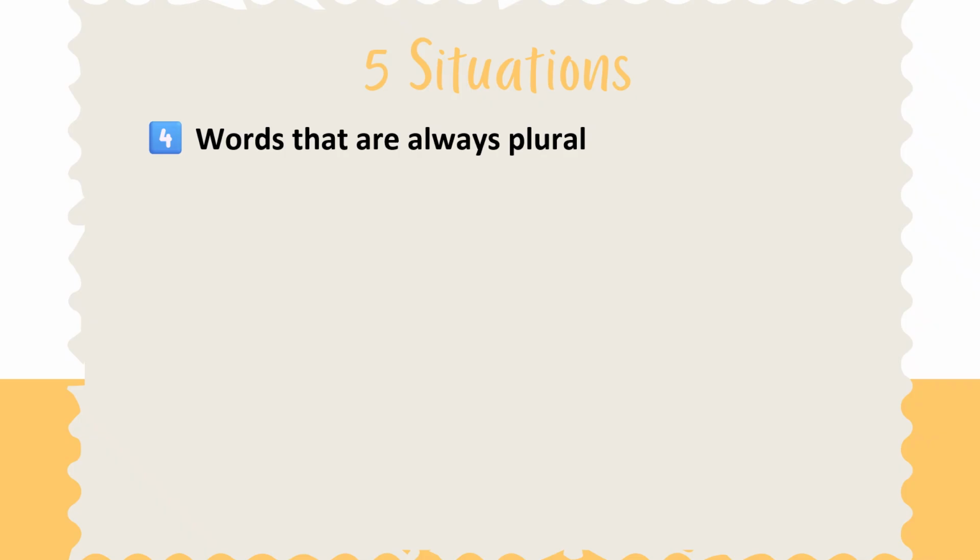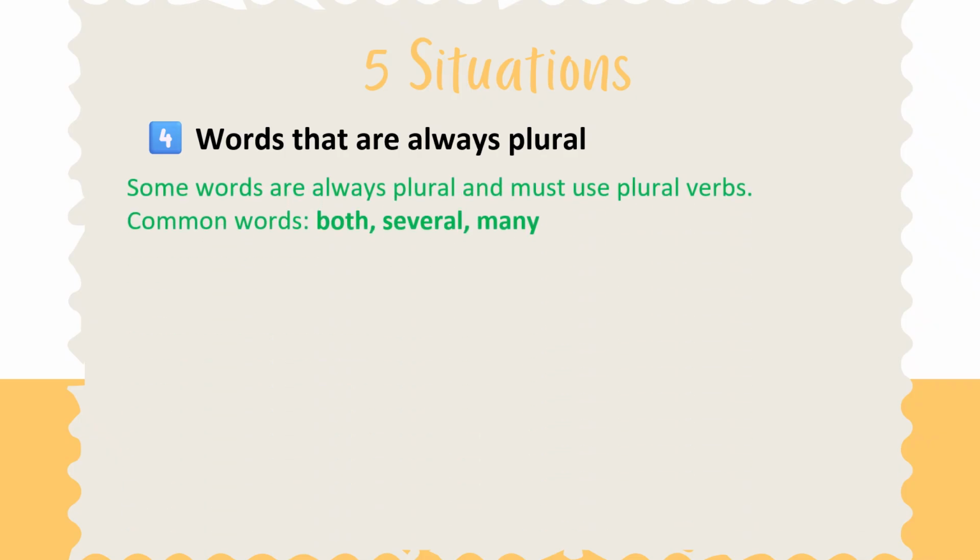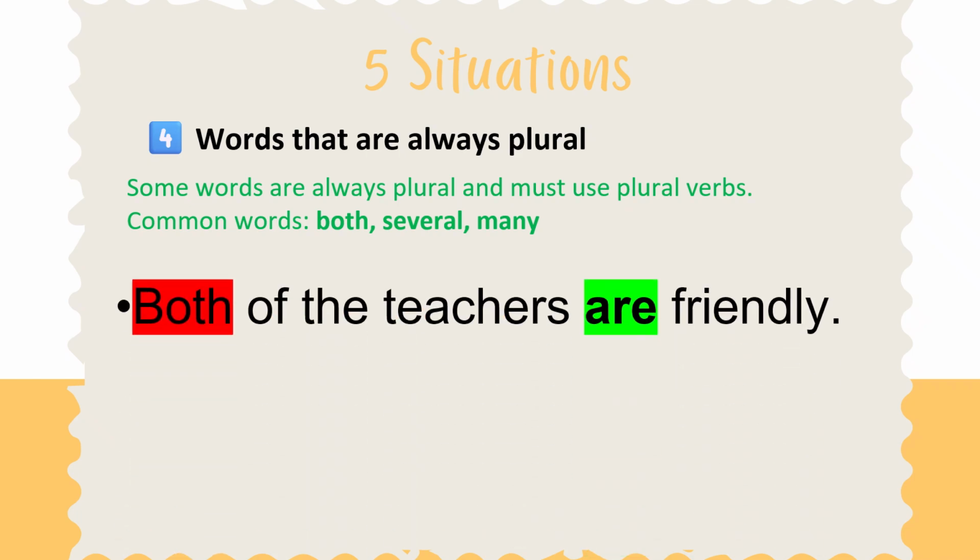The fourth situation is about words that are always plural. Some words are always plural and must use plural verbs, which means the plural form of the verbs. Those words are both, several, many. Both of the teachers are friendly.